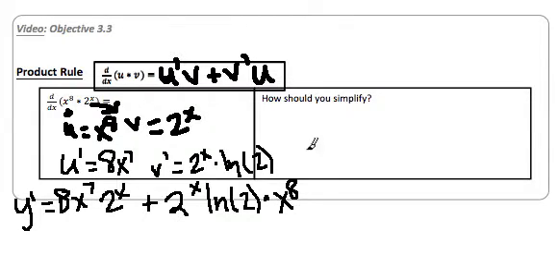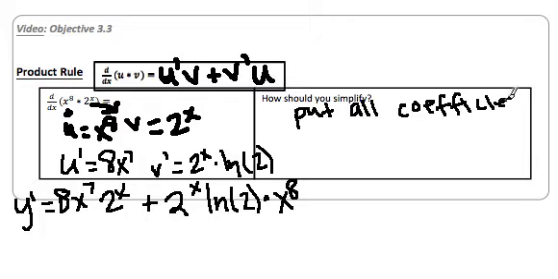All right, and so you may be wondering about simplifying. What I want to make sure that we do for simplifying is that we put all coefficients out front.